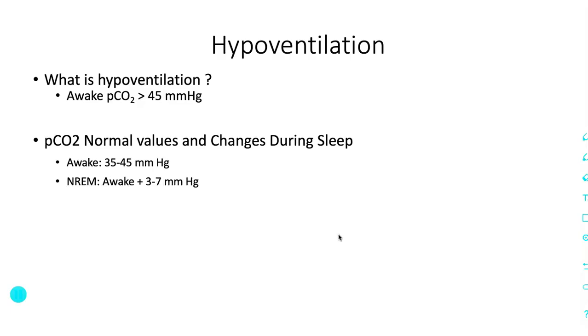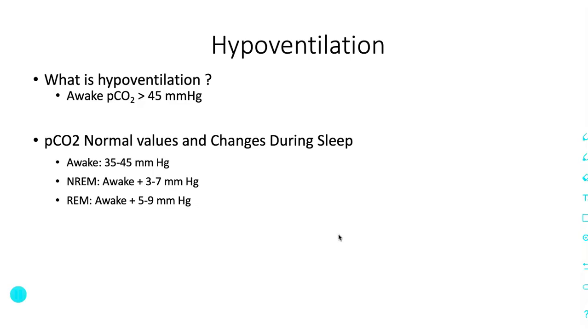It increases during NREM sleep. So almost 3 to 7 mm of Hg, it gets elevated from the wake baseline value. What happens to the CO2 in REM sleep? During REM sleep, it gets even higher, something between 5 to 9 mm of Hg.